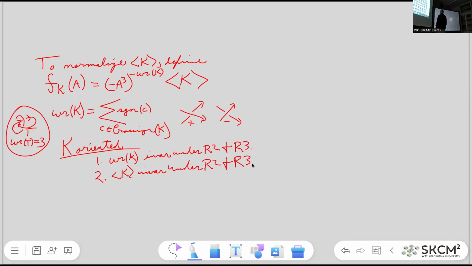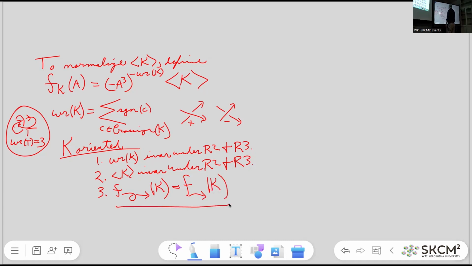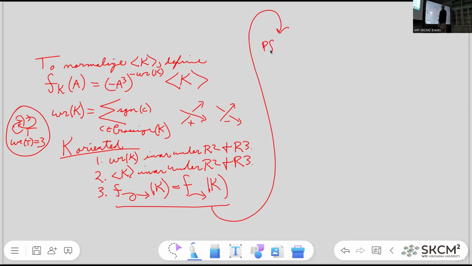And then the third point that makes it a normalization is that f sub K with a little curl is equal to f sub K with the curl removed, no change. And the proof of that is easy. Let's just do it.